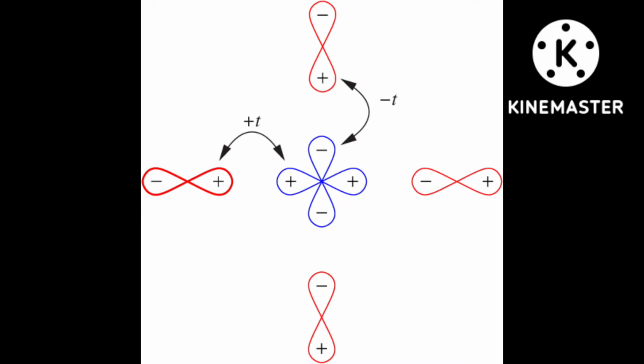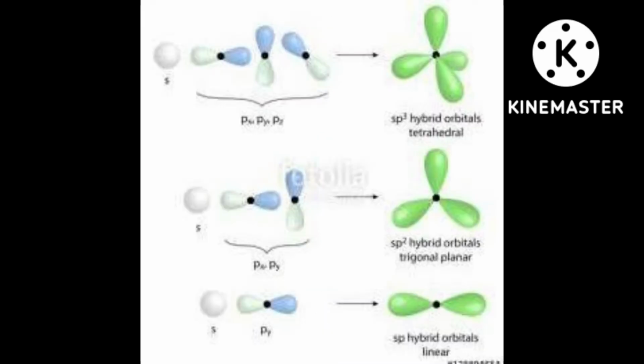This question is asked for one mark and also in theoretical, subjective examinations. First characteristic: the number of hybrid orbitals is equal to the number of atomic orbitals that get hybridized. Both will be equal.